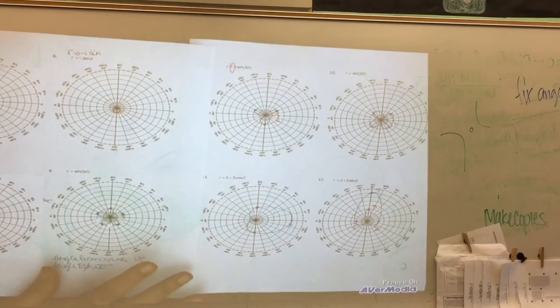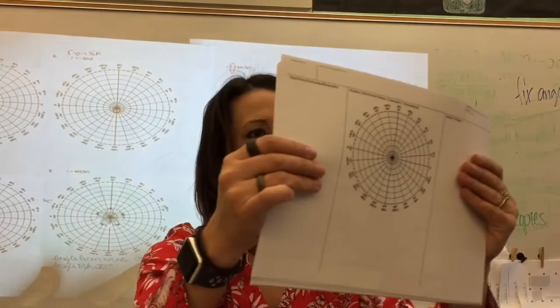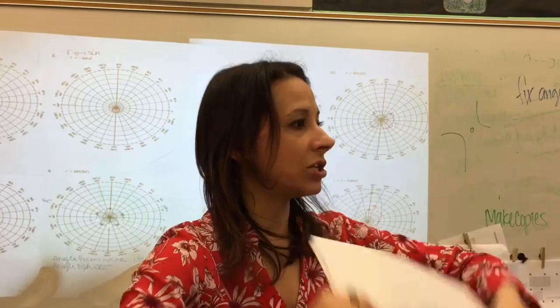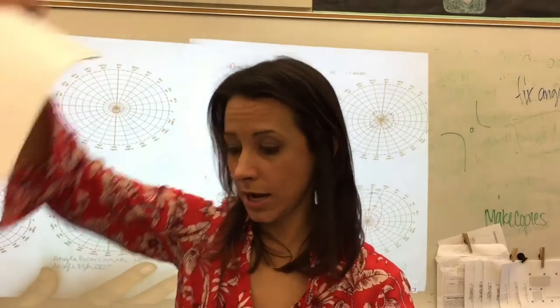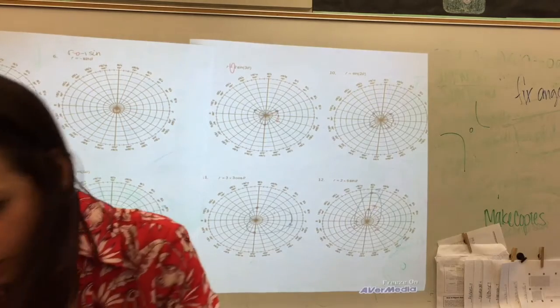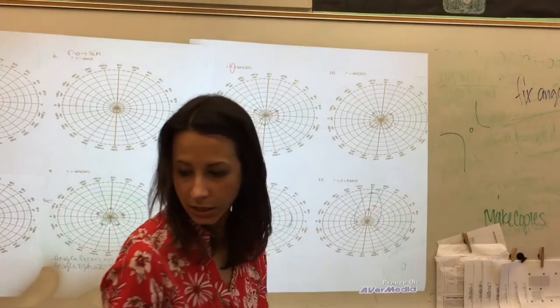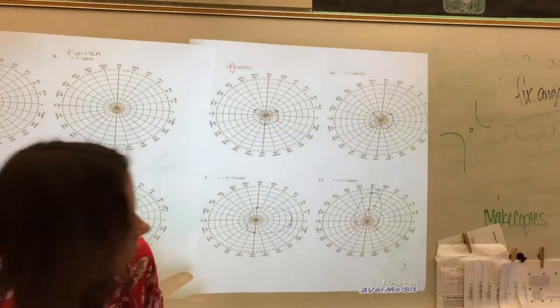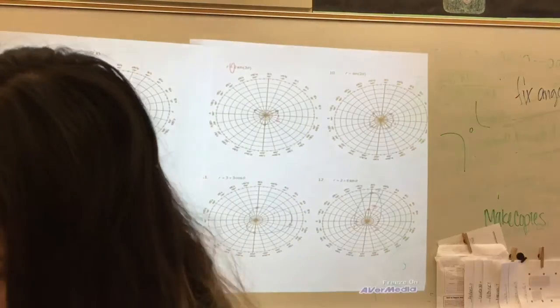I'm going to have 2 on each side to save paper. Some of you might like the larger ones, and so you could do 1 on each side. You'll just need 2 papers today, okay? All right, so come up and get what you want, and then I'll be ready to begin in 1 minute.